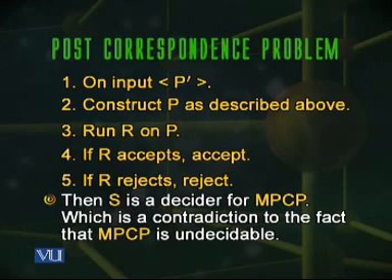Then S is a decider for modified PCP, which is a contradiction because we've already shown that the modified PCP is an undecidable problem. So this shows us that the PCP puzzle is undecidable. There cannot be an algorithm which takes a collection of dominoes and tells you whether there is a match. This is an amazing thing we have proved.